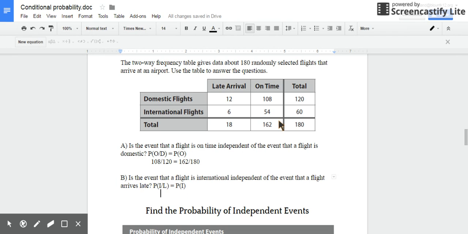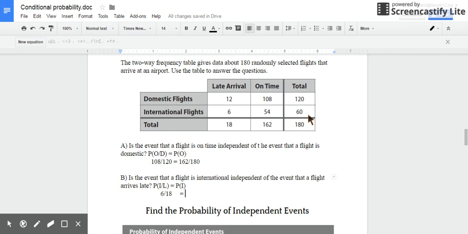Let's look. If it's already late, all of our late arrivals, we got a total of 18 flights. How many of those are international? We got 6 out of 18. Not 8. Now let's look at our international flights. How many total do we have there?